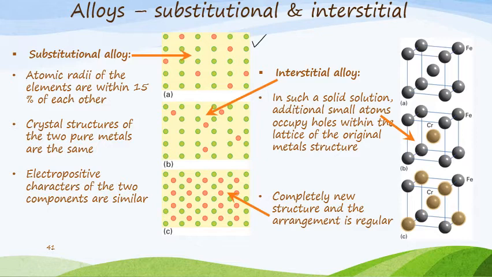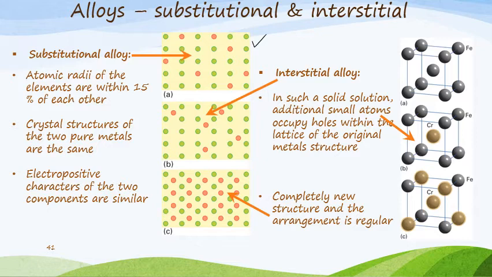The second type of alloy that we get is called an interstitial alloy. This one is where we have a solid solution where the additional small atoms occupy the holes within the lattice of the original metal structure.